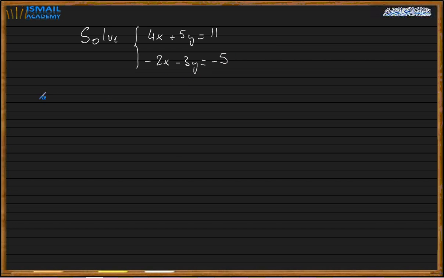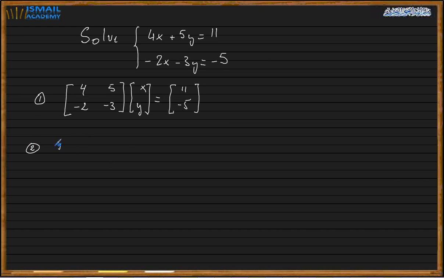So again, first I need to transform my system from standard notation to matrix notation. So I got 4 minus 2, 5 minus 3, times x y, equal 11 minus 5.